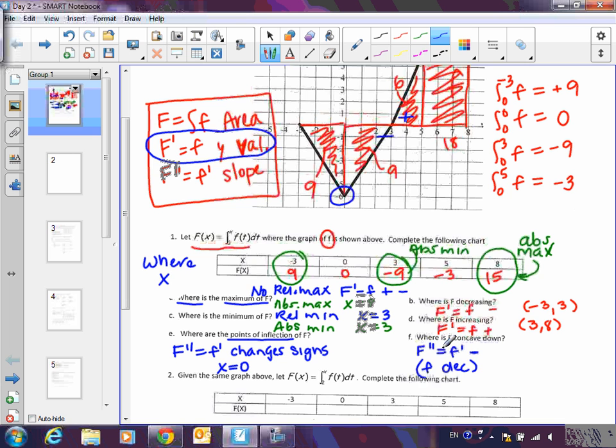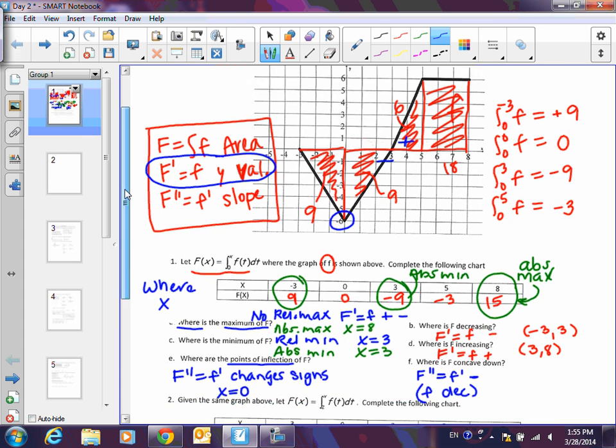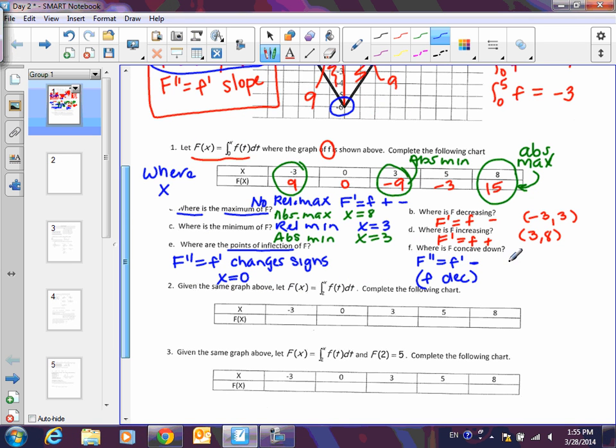Either you could say where is the slope negative or where the y values are decreasing. Those mean the same thing. So where would that be? -3 to 0. Anywhere else? Okay, so you're not going to be asked every single one of these questions, but these are the different types of questions that can be asked.